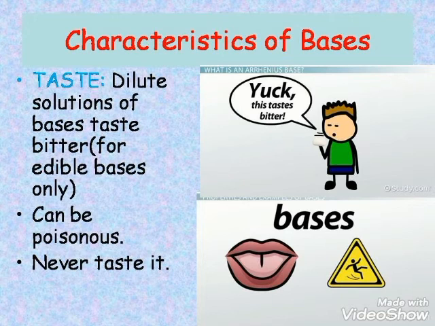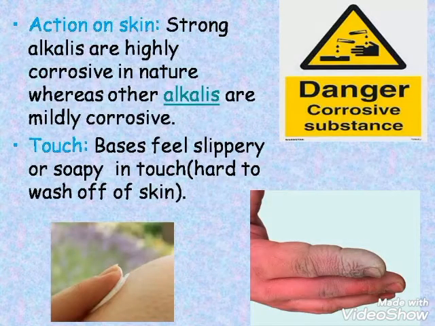Now let us discuss the characteristics of bases. Bases generally have a taste which is called bitter, and generally this is for dilute solutions of bases. You don't need to taste the base to know about its taste. Generally, we do not taste the chemicals in the lab.